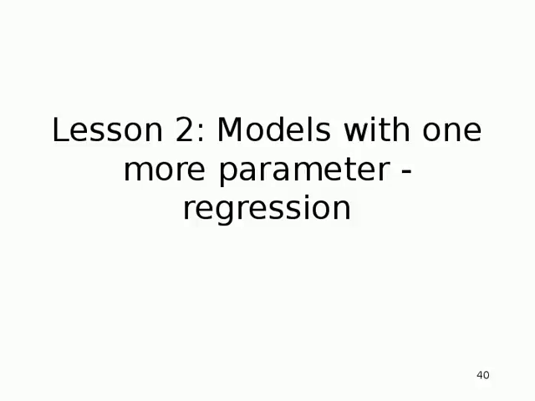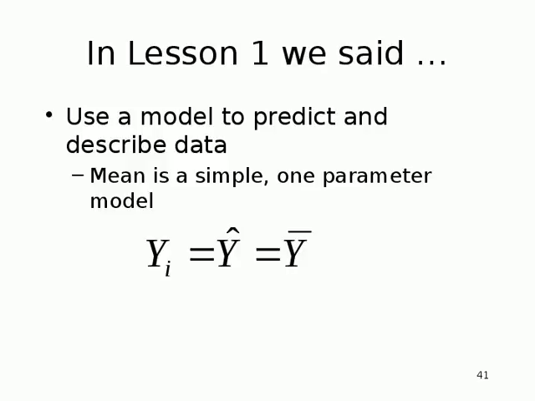So the simple linear regression has 2 parameters, right? B0 and B1. B0 is the average, B1 is going to be the slope of the line, right? The mean is the simple model, but we're going to add slopes now.